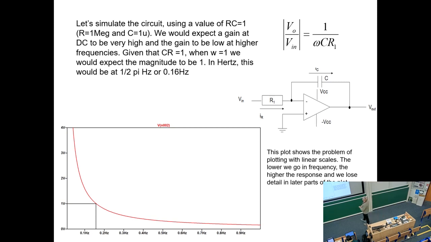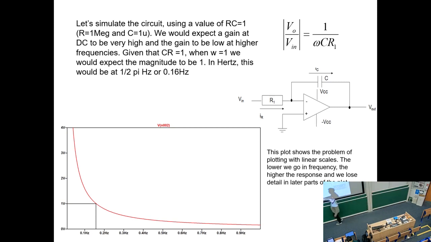A magnitude of 1 is a useful feature to understand. So in hertz, this will be 1 over 2 pi, or 0.16 hertz. That's when the magnitude of that response is 1, with our time constant of 1. So if we simulate that and plot it, you can see that we get, as you'd expect, an exponential decaying response, which if we went further than 1 hertz would decay away to 0, or close to.